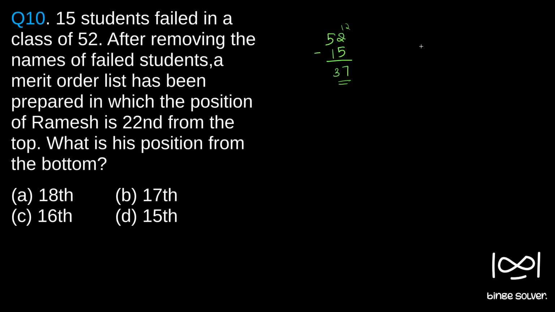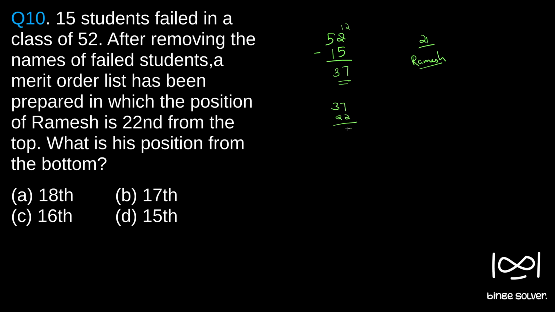So out of these 37 students, Ramesh is 22nd from the top. So Ramesh has 21 students above him, and then Ramesh. So if you remove 21 plus 1, 22 students from the top from this 37, what do you get?